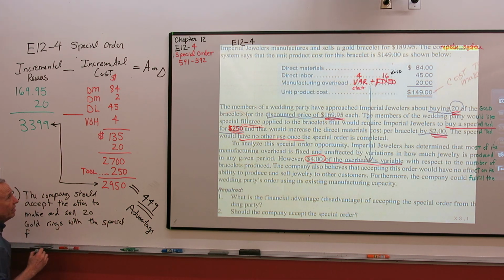Is that what they called that thing? Oh, filigree. F-I-L-I-G-R-E-E. Filigree. Do you agree? I do more than agree. I filigree. I totally filigree. Okay, so that's right, our full sentence. The company should accept the offer to make and sell 20 gold rings with a special filigree.